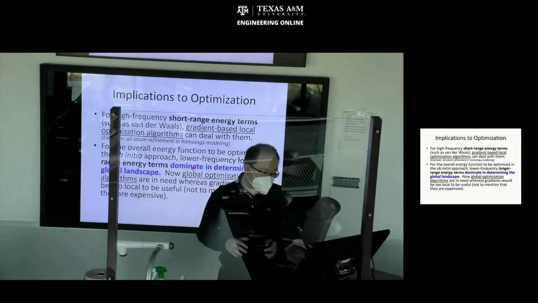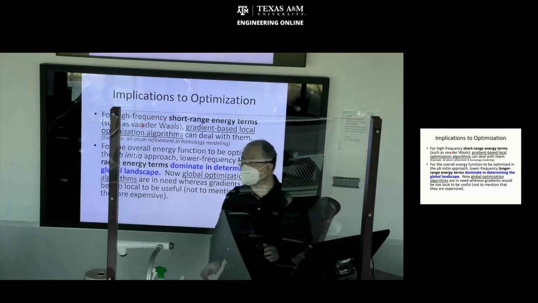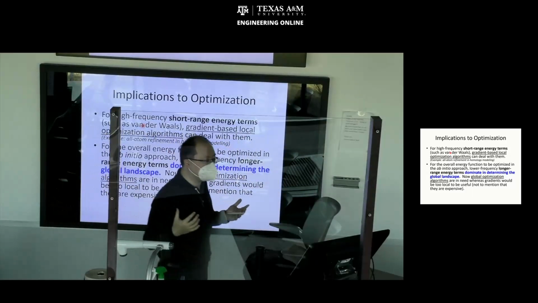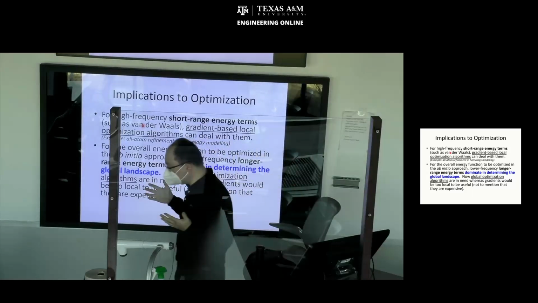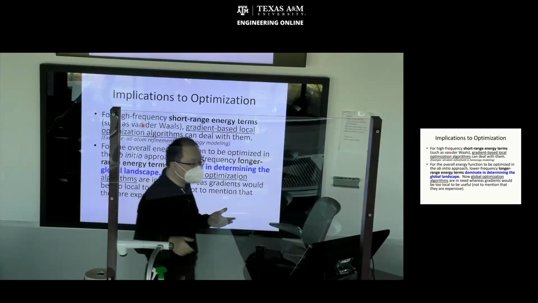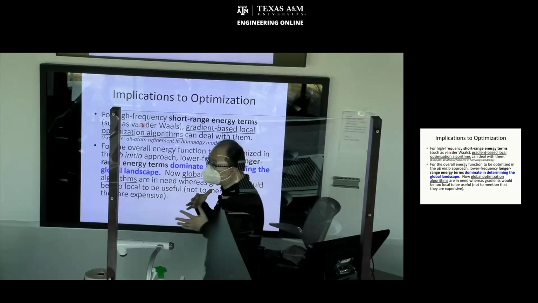There are some energy terms like van der Waals which are high frequency, meaning that a tiny change of x can result in a huge change in f of x. Remember, f of x is a sum of different terms, and each term is calculated over different pairs. Some terms, like the van der Waals, describe shape complementarity.